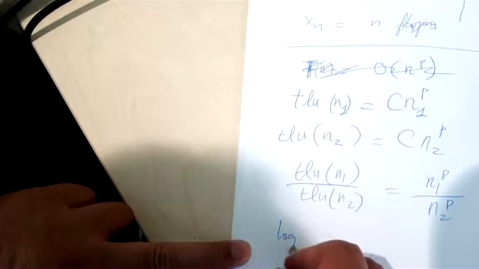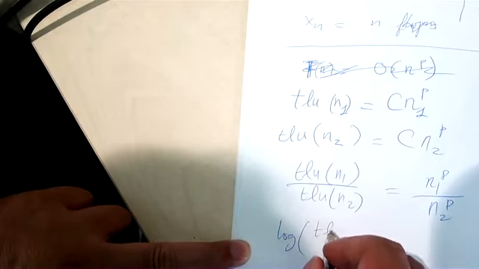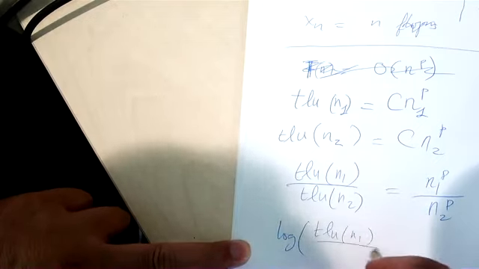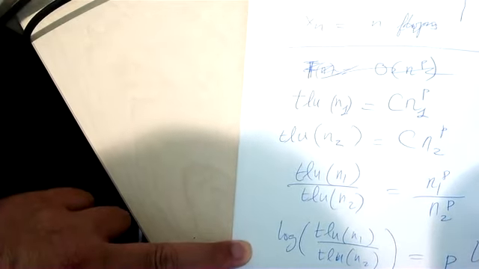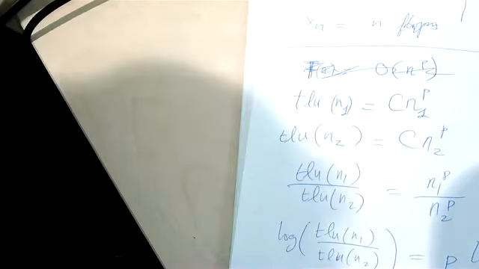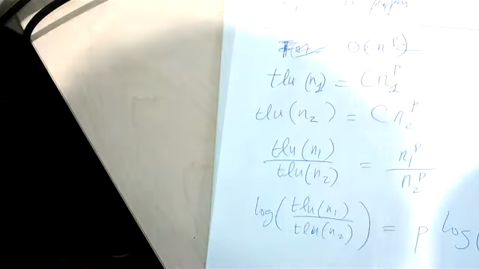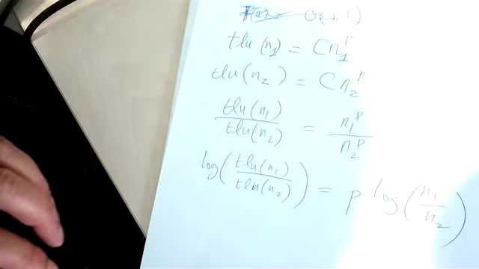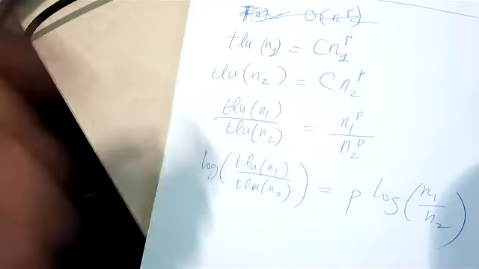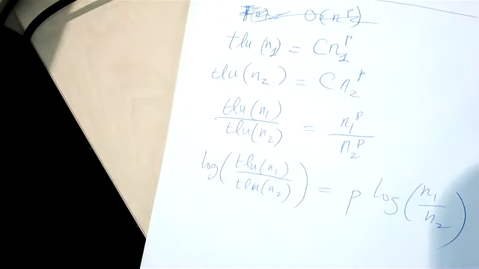So taking the logarithm of T_LU n1 over T_LU n2, you just have p times the logarithm of n1 over n2. And anyway, this formula is exactly the formula in the program.